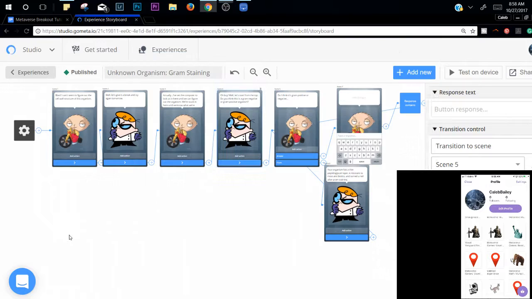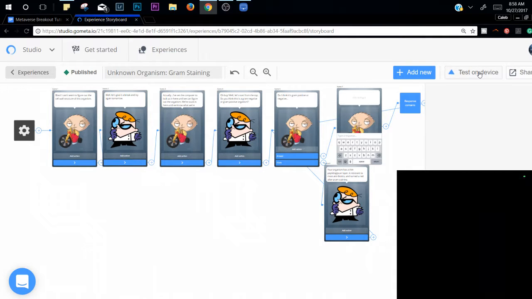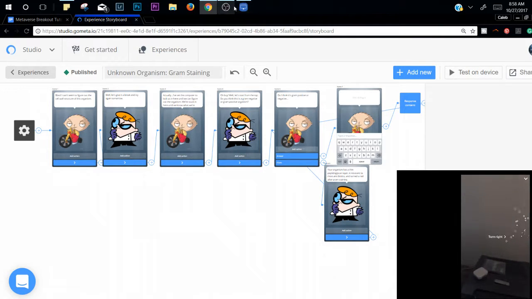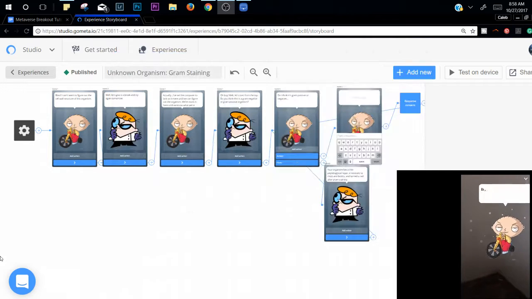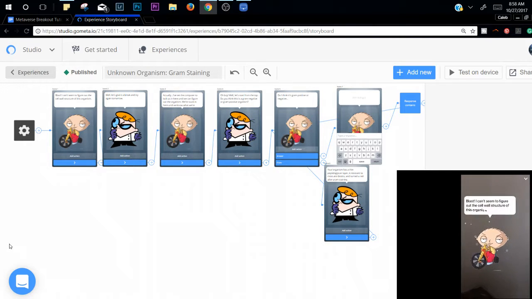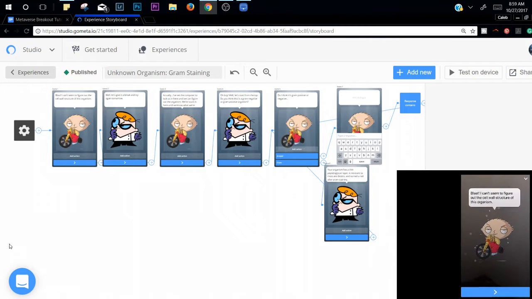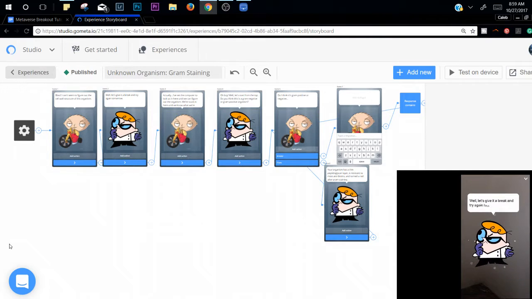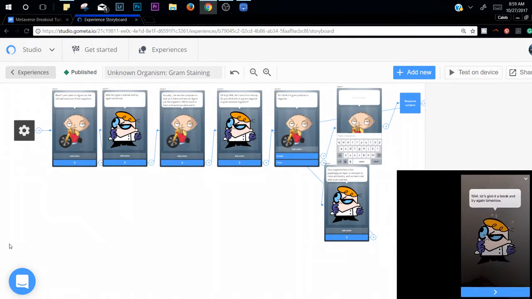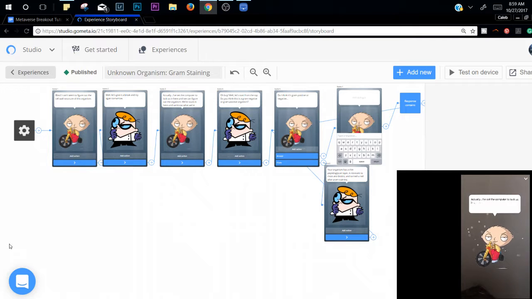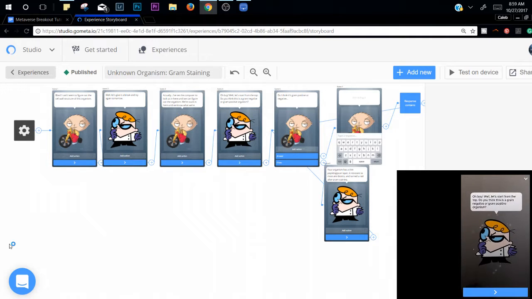So alright, let me go ahead and test this out. I'm going to see if this works. Alright, everything looks like it's working out just fine. Blast. I can't seem to figure out the cell wall structure of the organism. Well, let's give it a break. Try again tomorrow. Actually, yes, so the computer to lock us in here until we can figure out the organism. We're stuck in here until we know what we're dealing with. Oh boy. Well, let's start from the top. Do you think this is a gram negative or gram positive organism?